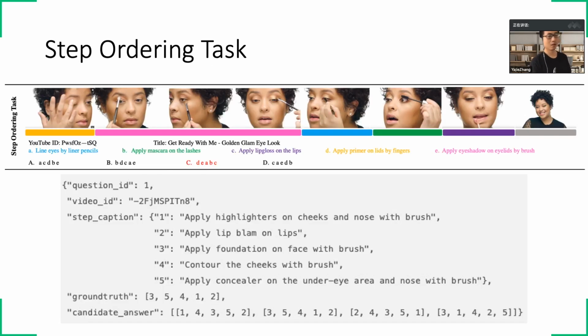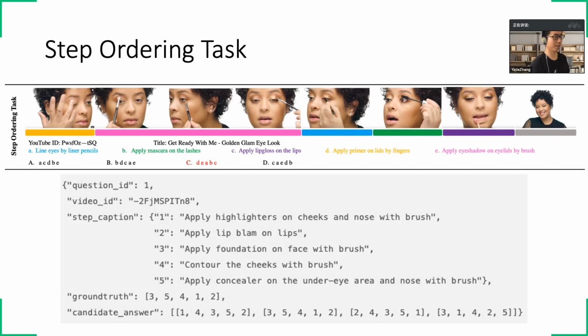And then let's talk about the step ordering task. Different from the image ordering task, the step ordering task is to sort 5 given step descriptions for a video. One sample is shown in the first picture, the visualization. For this video there are 5 given step descriptions.